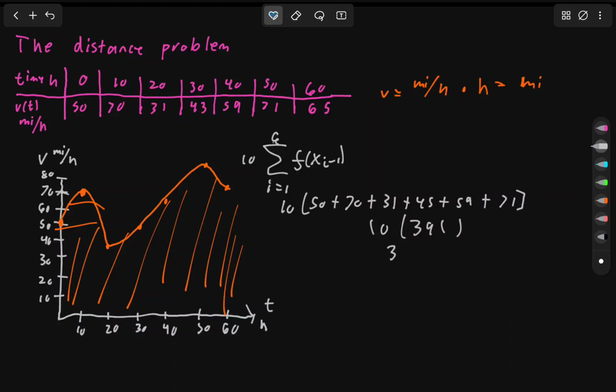So what we really get is 10 times 391 minus 71, which we'll see is 320. So our final answer here is going to be 3,200 for the total distance traveled in miles. Yeah, 3,200 miles.